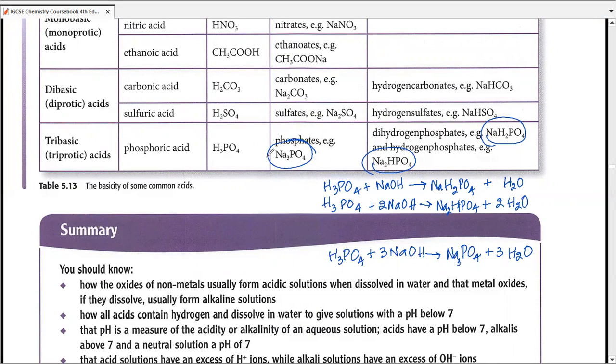It's not an acidic salt anymore. Normal salts are only produced when acids are completely neutralized with alkalis or bases. So these are the three reactions we need to understand from this. Make sense?